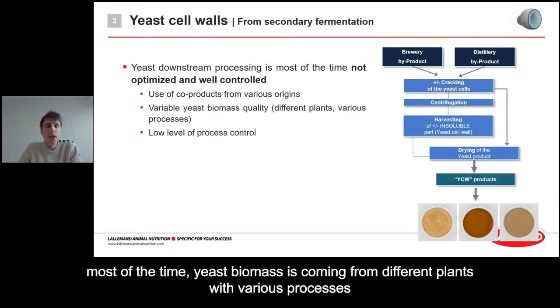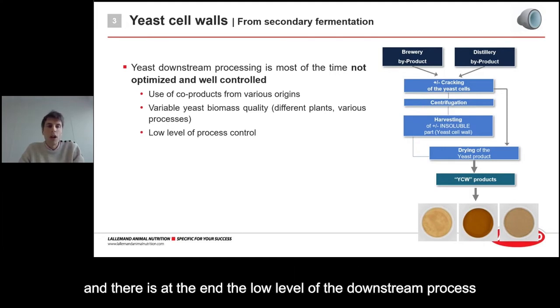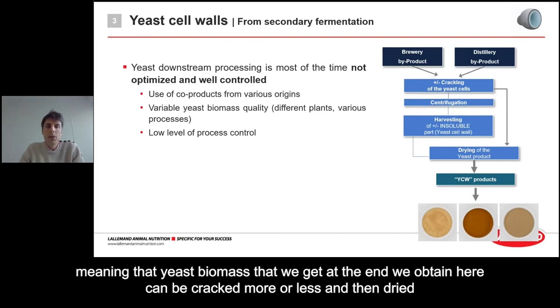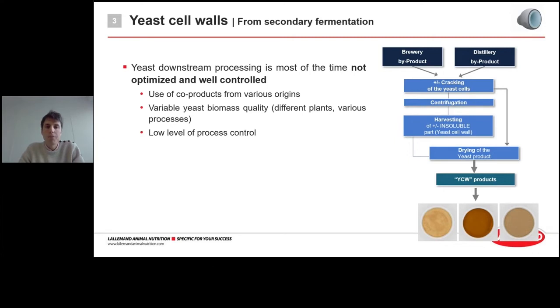Most of the time, the yeast biomass is coming from different plants with various processes, and there is at the end a low level of downstream process, meaning that the yeast biomass that can be obtained here can be cracked more or less and then dried.